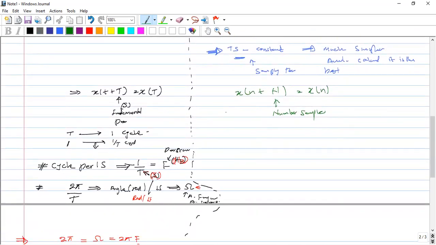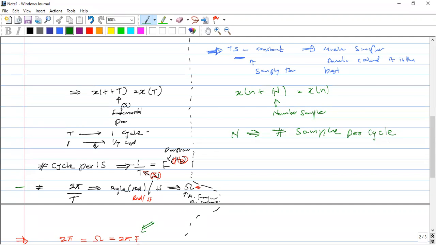And also we can get this relationship for discrete time sequences, also discrete time signals. So this is the number of samples. So what is this then? It is the number of samples per one cycle, no?